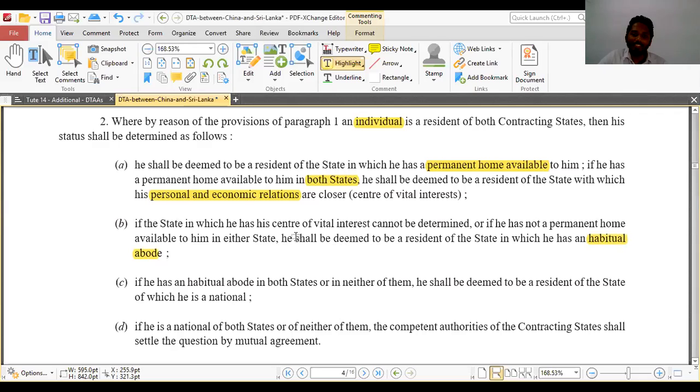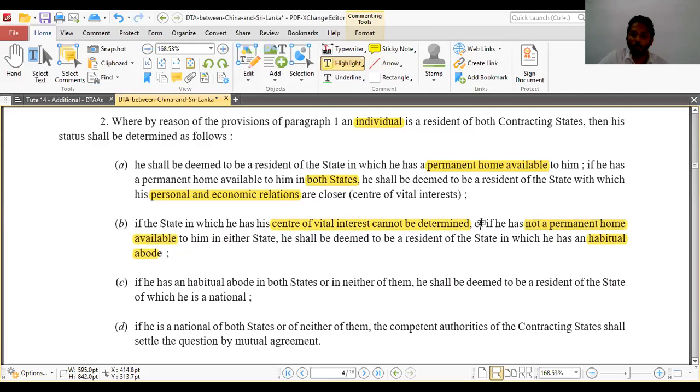Right? If it is so, then here I will read again. If the state in which he has his center of vital interests, that means the personal and economic relations, cannot be determined, or he has no permanent home available, then maybe you can't determine the economic and personal relationship, as well as you cannot determine the permanent home available.